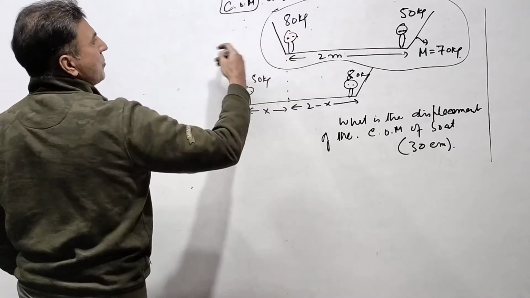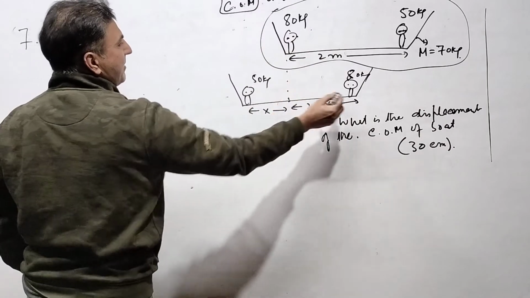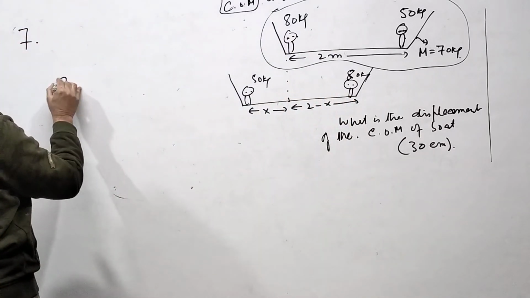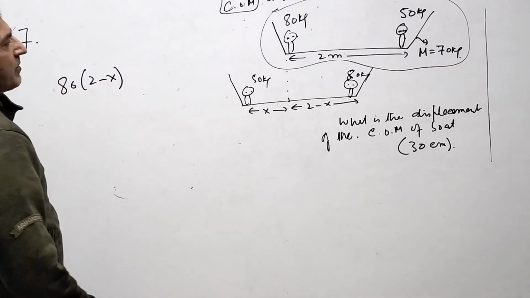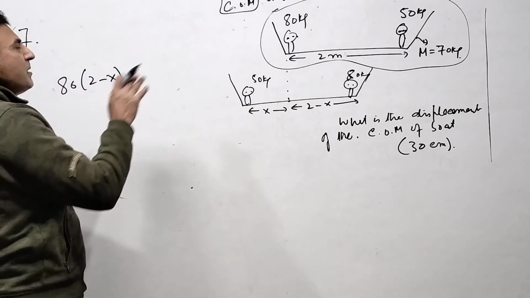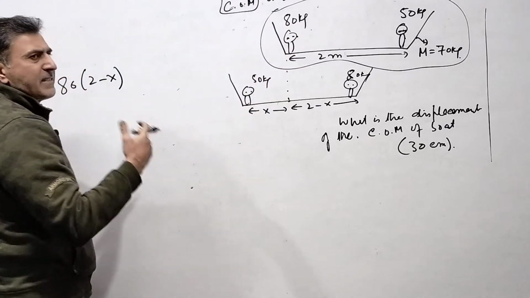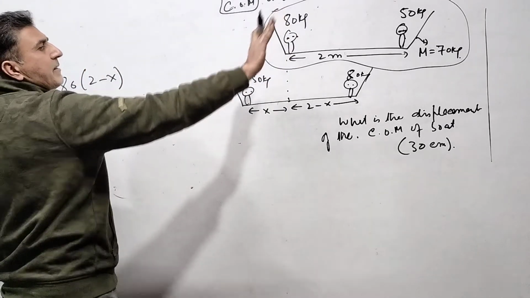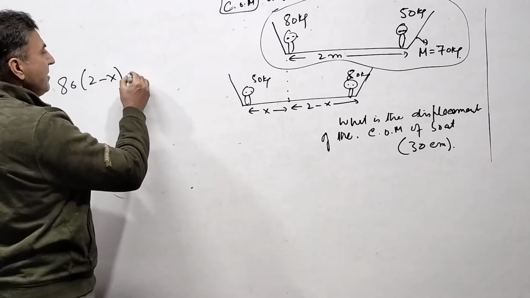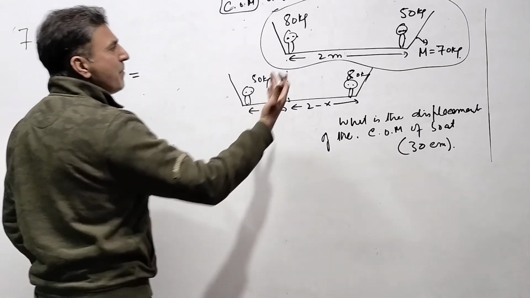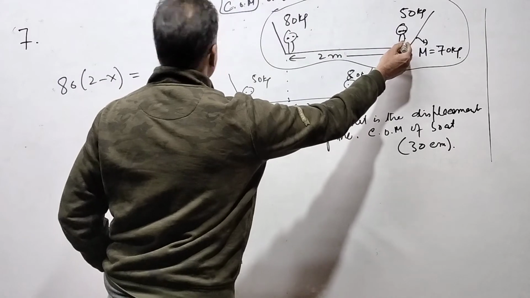The 80 kg person goes to the right. How much? This distance. So 80 into 2 minus x. This person tries to take the center of mass of the whole system to the right, but the center of mass of the system has to be fixed. Who takes the center of mass to the left? This one.